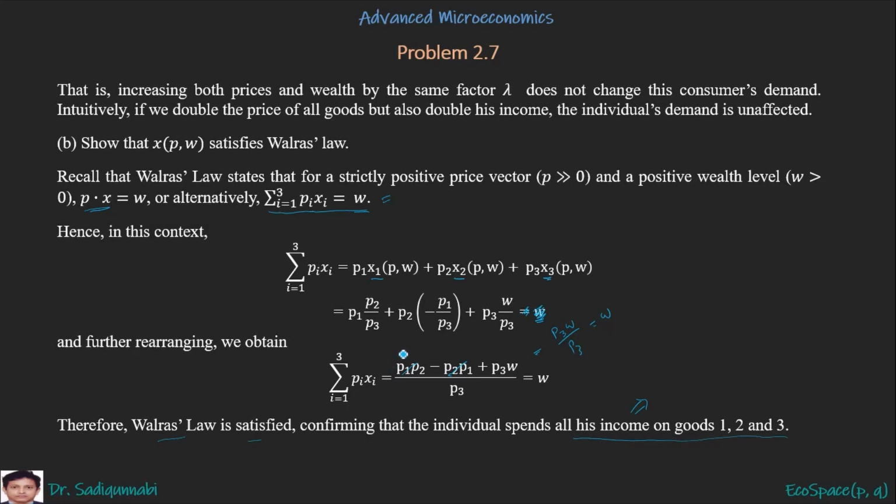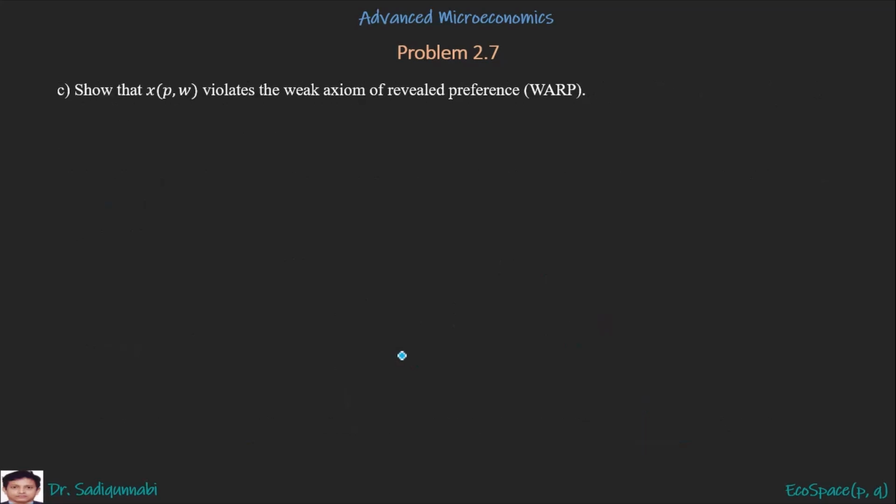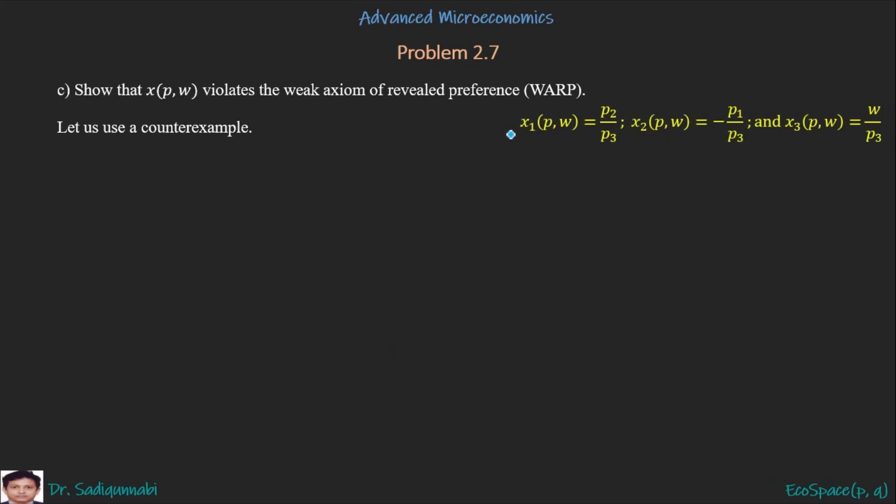What about C? Show that x(p,w) violates the weak axiom of revealed preference, WARP. So in order to prove that, we use a counterexample. Here are our Walrasian demands for 3 goods.